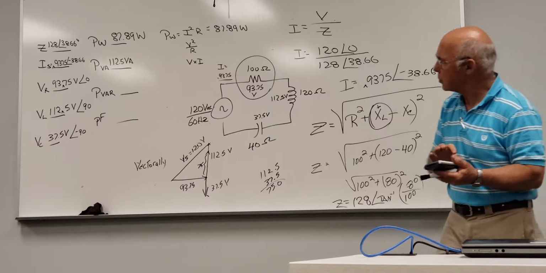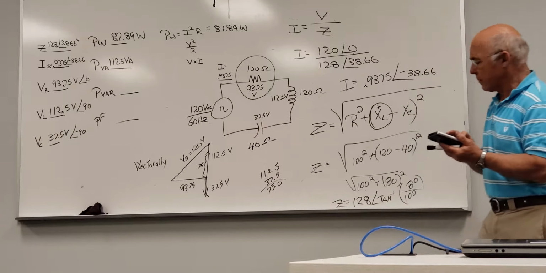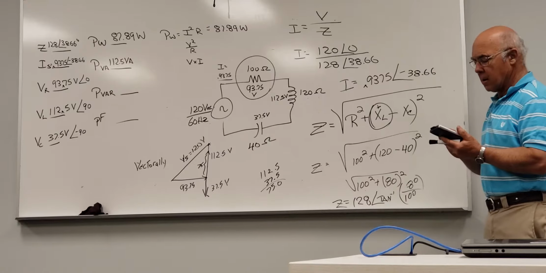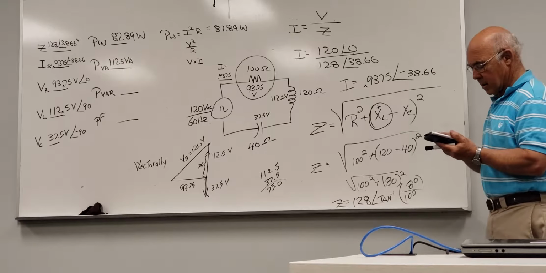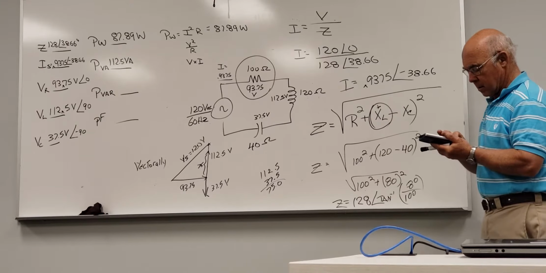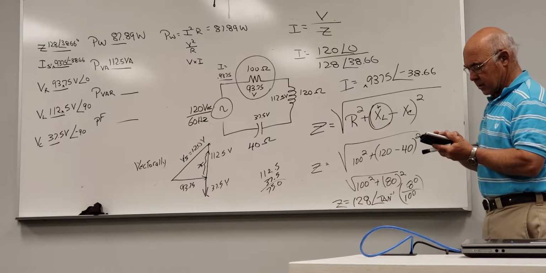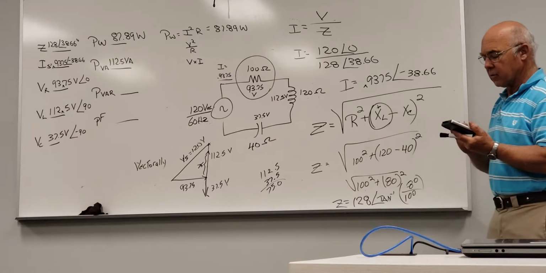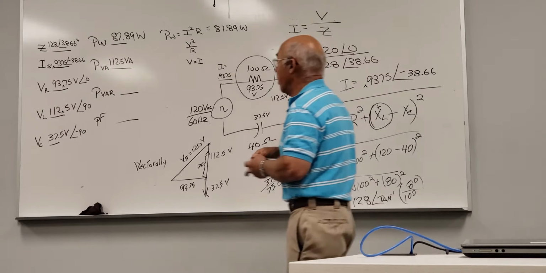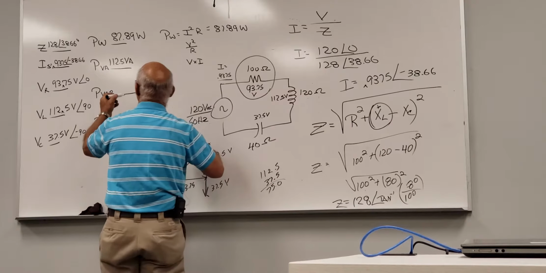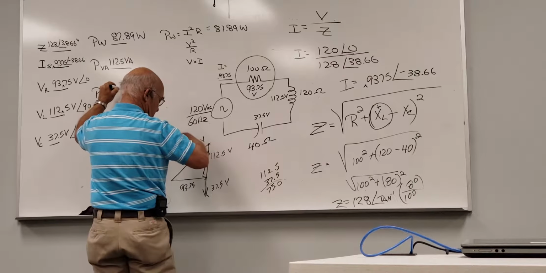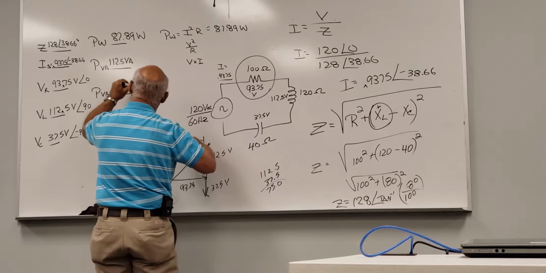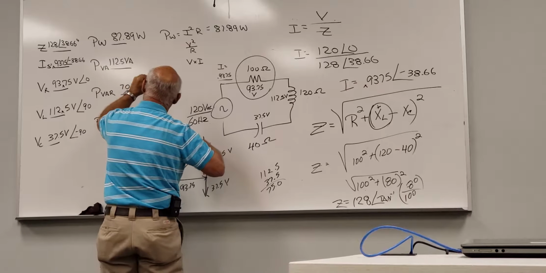Voltage was 75 volts. Times the current, 0.9375, gives us 70.31 VAR. 70.31 volt amperes reactive.